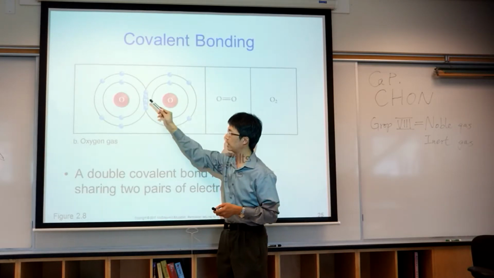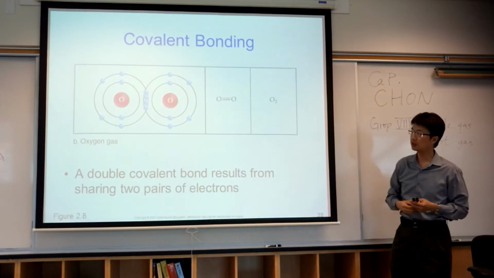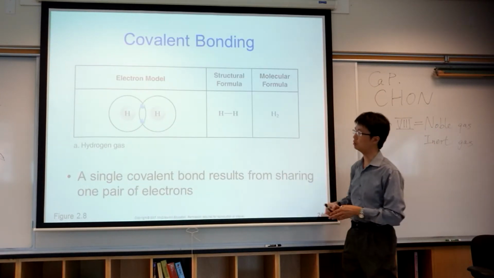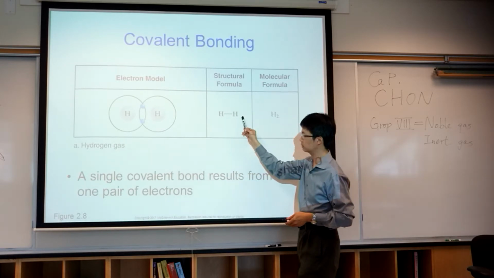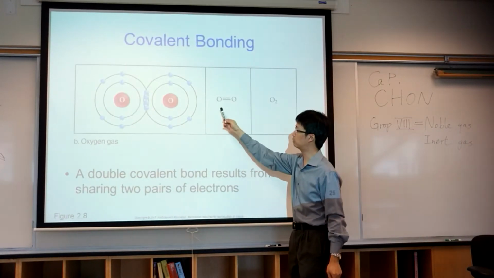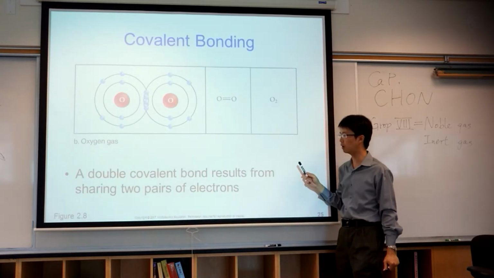Then each atom will appear to have 8 electrons. And from the hydrogen example, 2 electrons form a bond. In the oxygen example, 4 electrons form 2 bonds. That's why we draw 2 lines here. We call it a double bond.